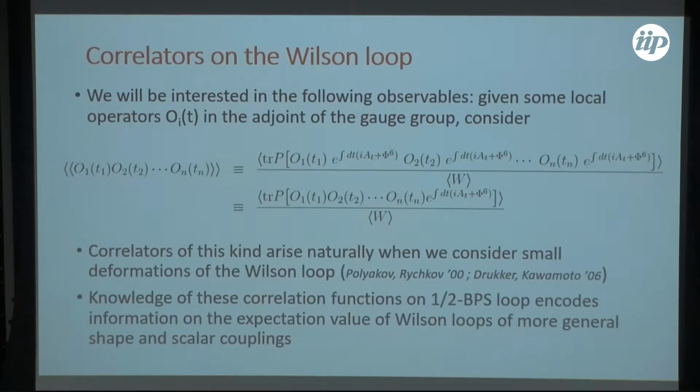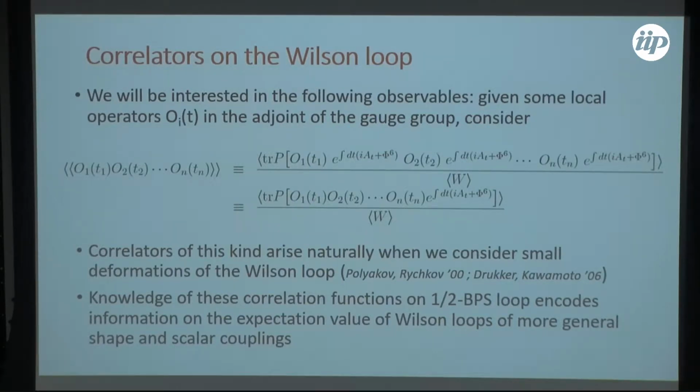Okay, so correlators of this kind are related to small deformations of the Wilson loop, because you can imagine starting with some general Wilson loop and deforming near the half BPS circular one, and that will bring down operators corresponding to the deformations. This was studied a while ago, briefly in a paper by Polyakov and Rychkov in 2000, and later in more detail by Drukker and Kawamoto.